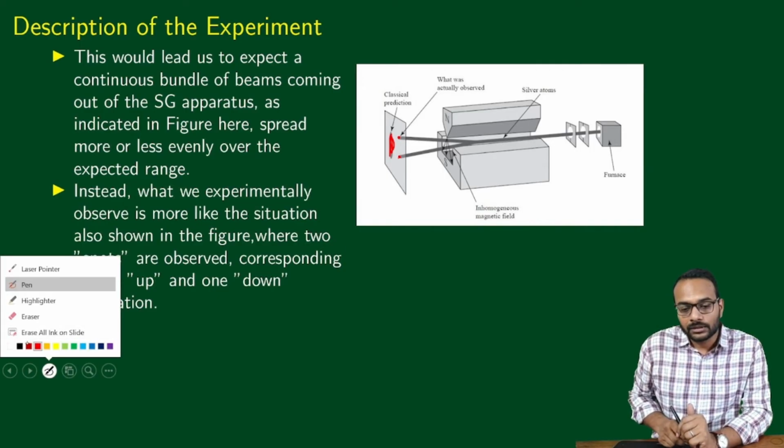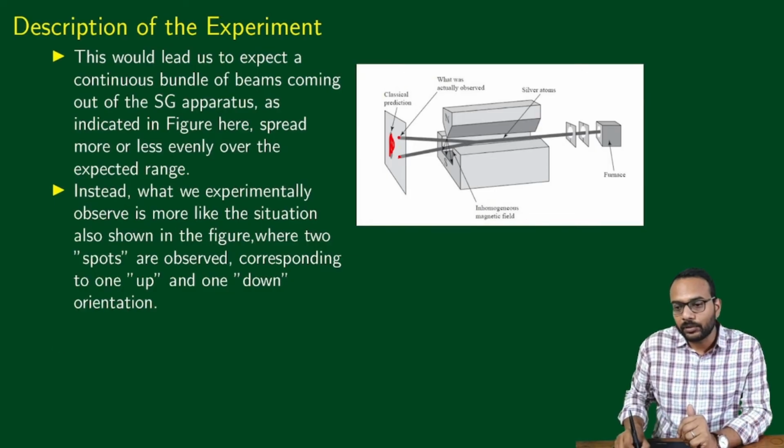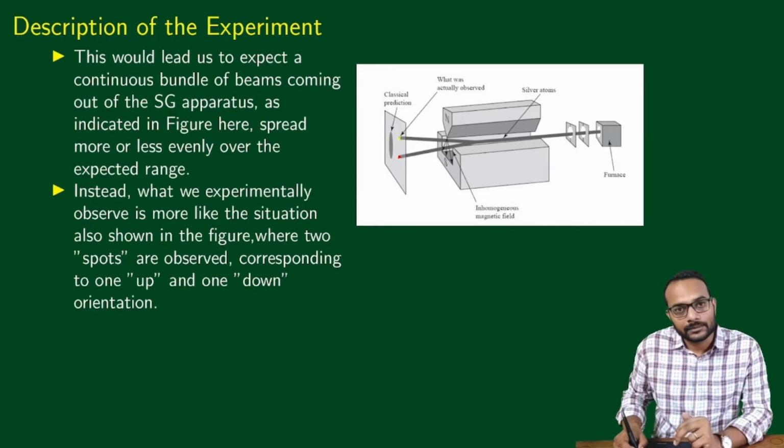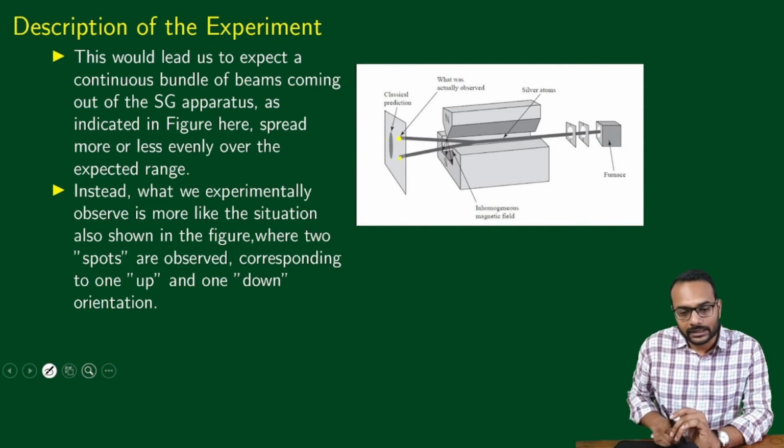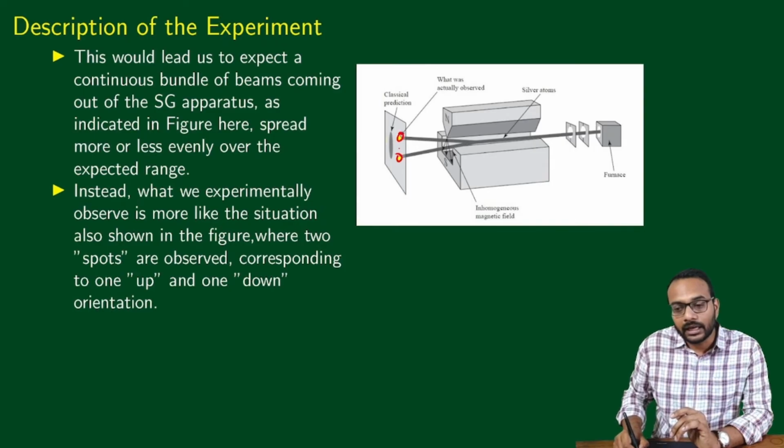So instead of getting a continuous distribution on the screen, we get a discrete distribution, basically two spots. Every single atom either falls here or here, never in between.